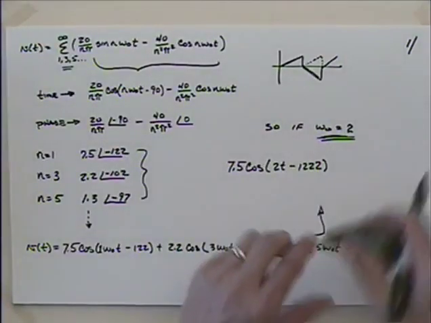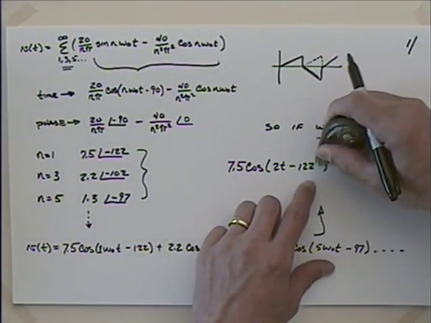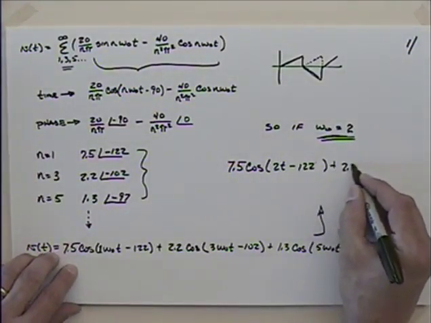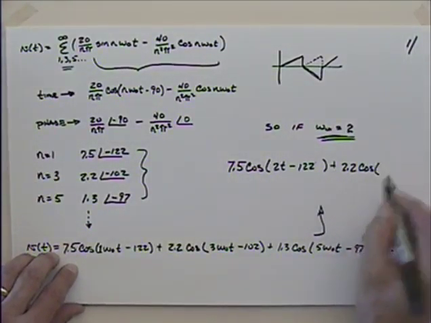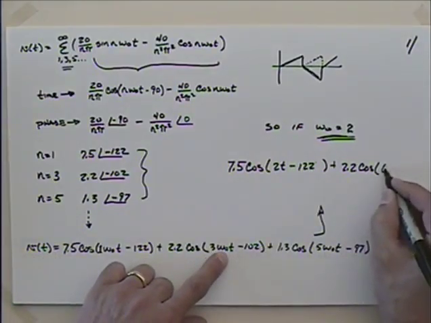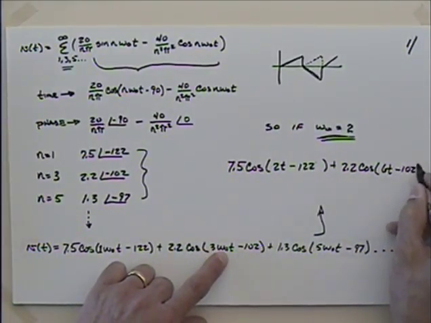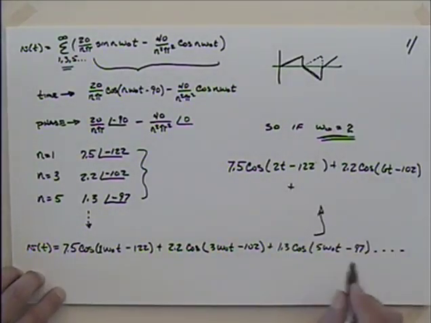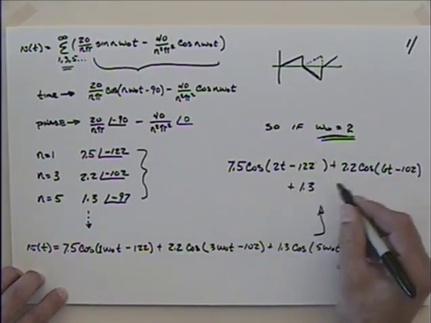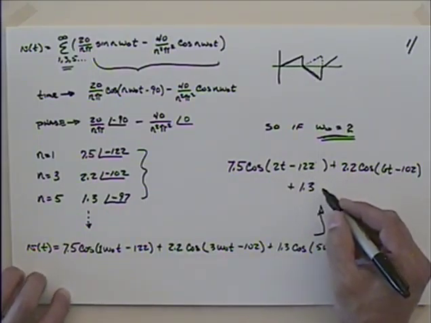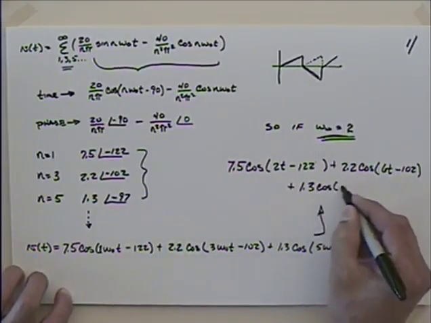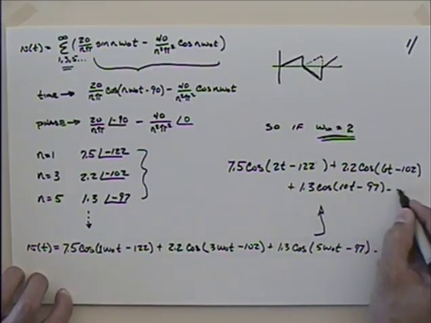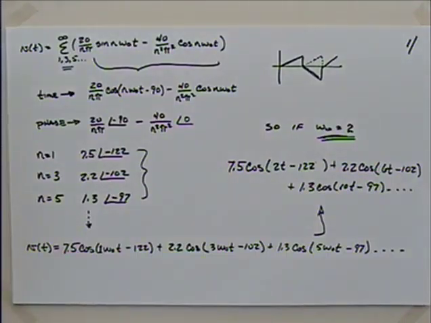I get an extra 2 in there, don't I? There we go. And then I'm going to add to that 2.2 times the cosine of 3 omega naught, so I'll have 6t minus 102. Sure I'm getting that right, yeah. And then the last term, 1.3, the last term we're doing, times the cosine of 10t minus 97, and continue on.